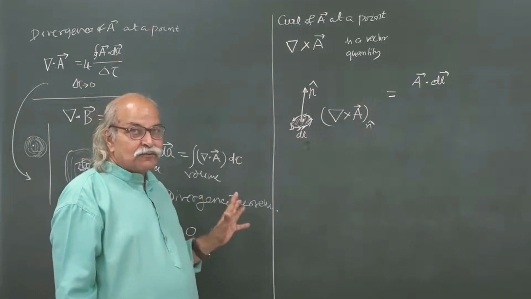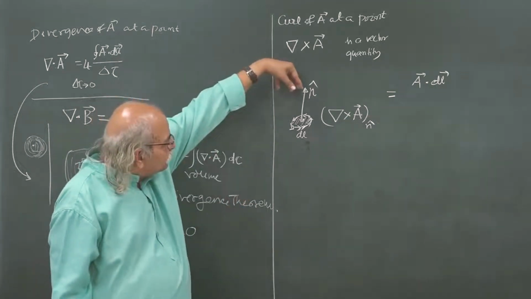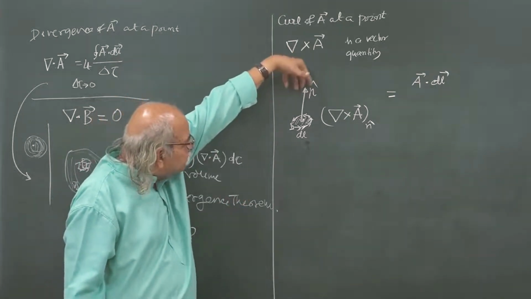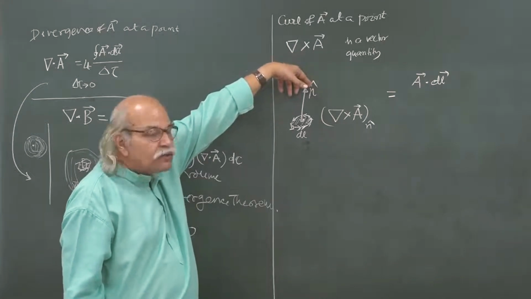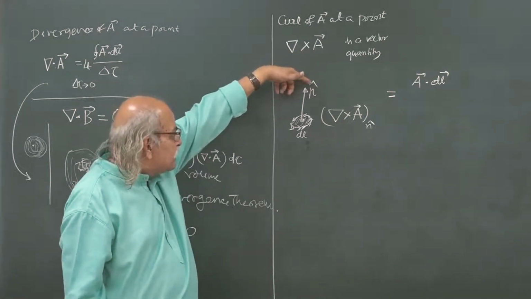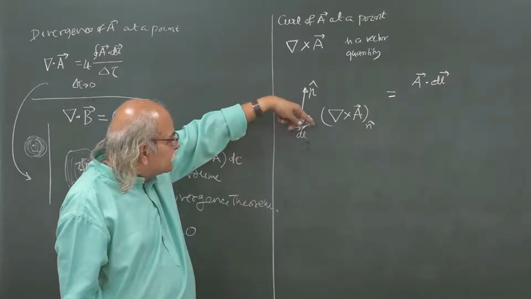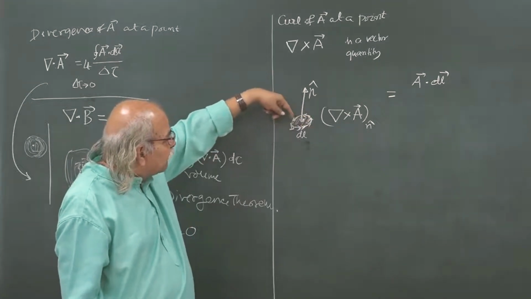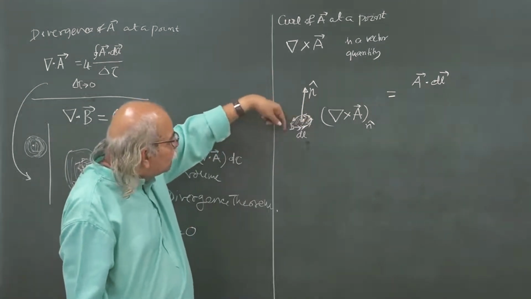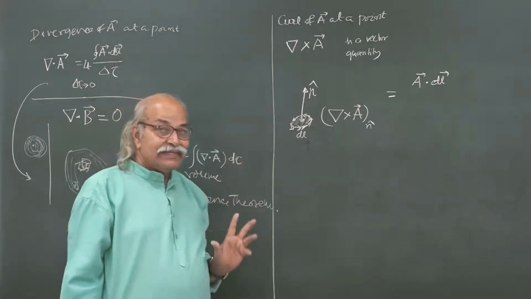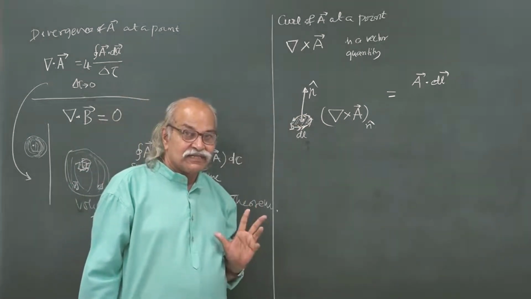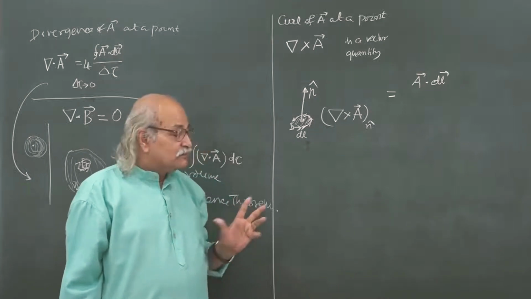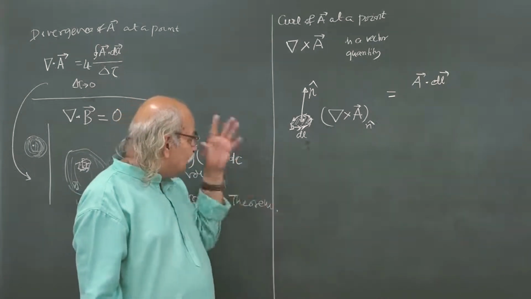And what is that rule? You look from the side of this n cap, and you have to put the arrow in such a way that if you follow that arrow on the loop, it should be anti-clockwise. This is not only a convention, you have to do that.